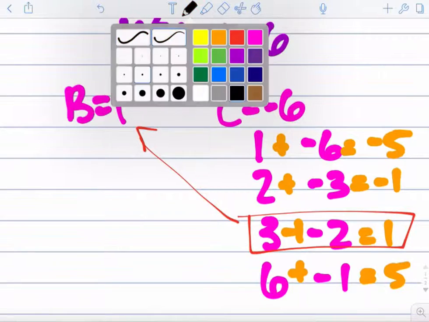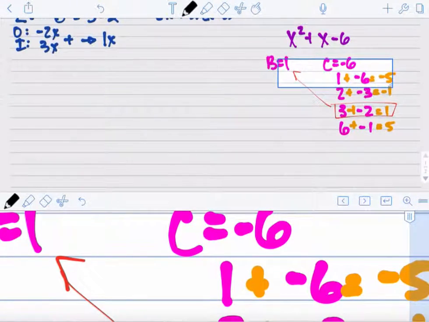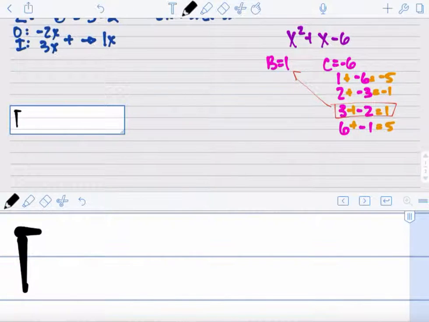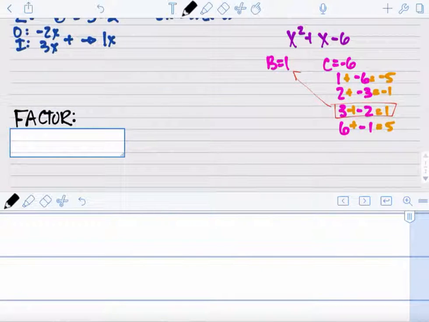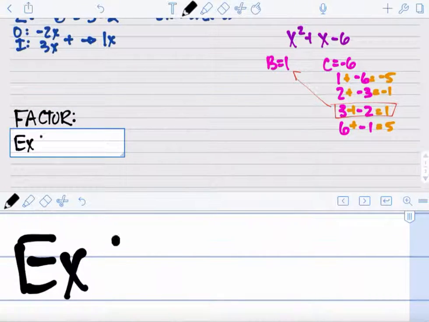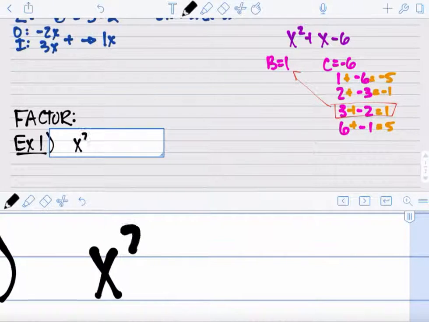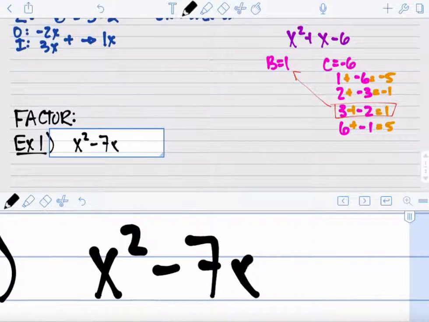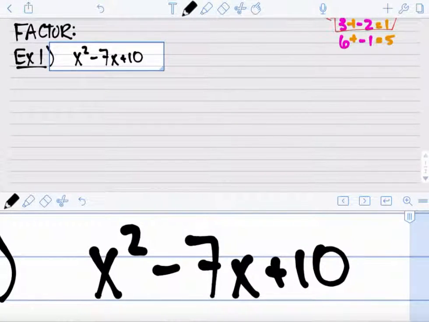Alright, so let's look at some examples doing that same thing. For all of these, we're going to factor. First example. As you get comfortable with this, there's more and less work that you can do as you need to. x squared minus 7x plus 10.